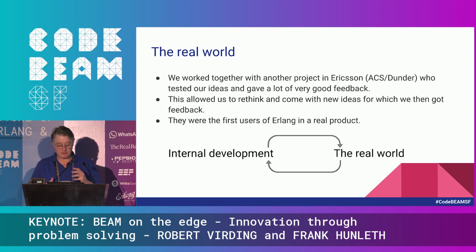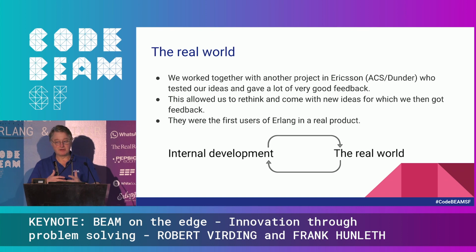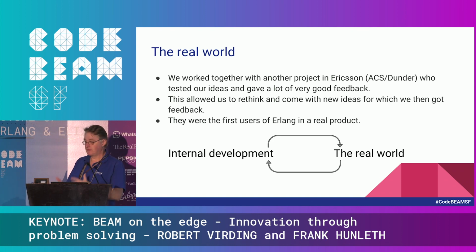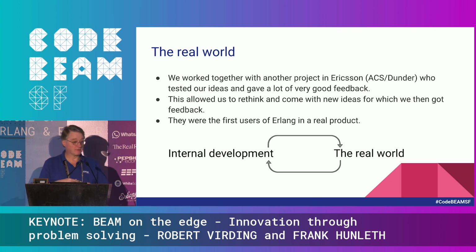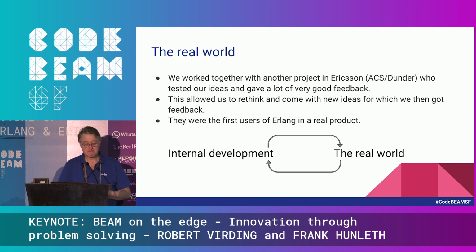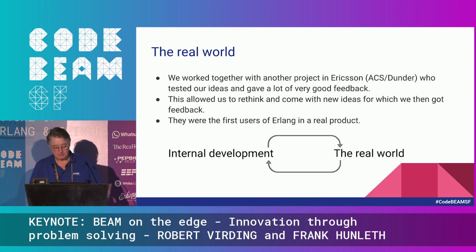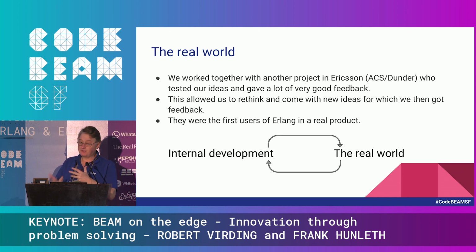We tried to explain our ideas of how you would build a system using Erlang and our thoughts for the architecture. And they would come back and try and explain to us what the real problem was, the real world. And this went round and round for a while. It took us a while to explain our ideas, for them to come back, and eventually they built a prototype, the first prototype they had for this, using Erlang and our ideas for building systems.